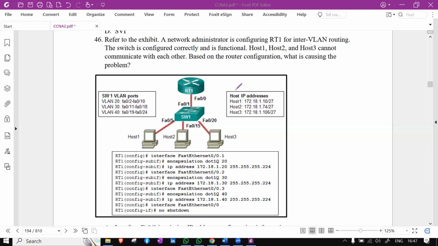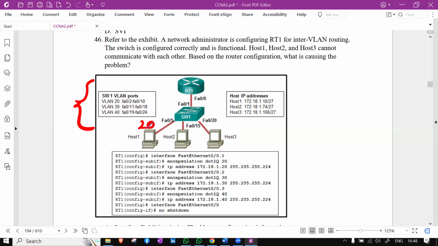Take us through that one. Looking at the switch 1 VLAN ports, VLAN 20 is FastEthernet 0/2 to FastEthernet 0/10, right? It's in VLAN 20. So that's host 1.